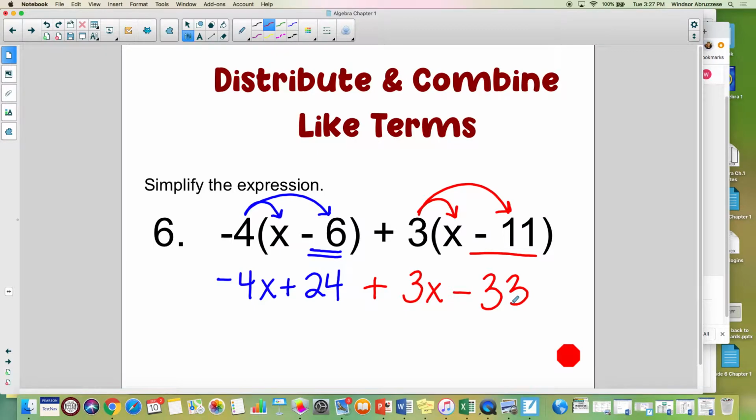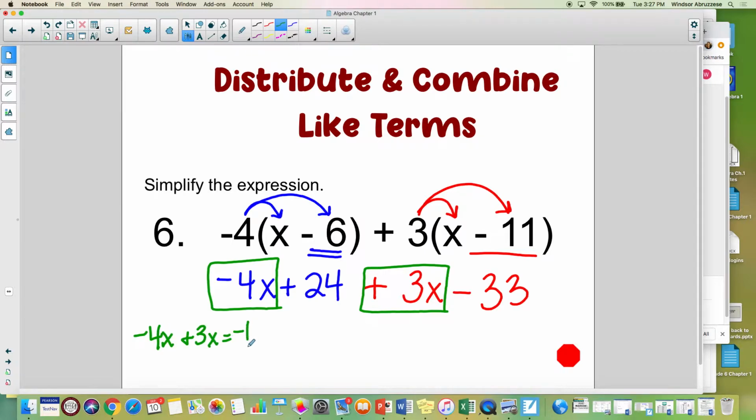So, I am not done yet because now I can combine the terms that are alike. Looking at the expression now, I have negative 4x, who has a like term of a positive 3x. Negative 4x plus 3x is negative 1x. So I'm going to rewrite it down here, negative 1x. Then I have like terms of a positive 24 and a negative 33.